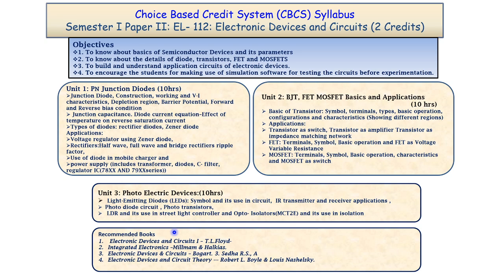Electronic Devices and Circuit Theory, Robert L. Boylestad and Louis Nashelsky. One textbook is there, Textbook of Applied Electronics, S. Chand and Company Limited. So these are the syllabus and reference books related to the electronics devices and circuits subject.